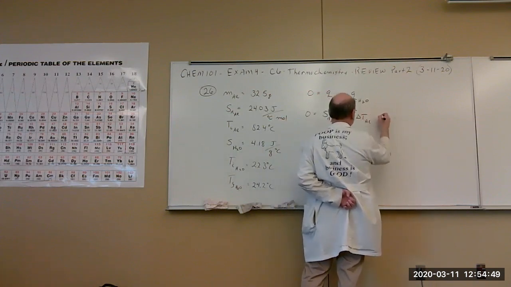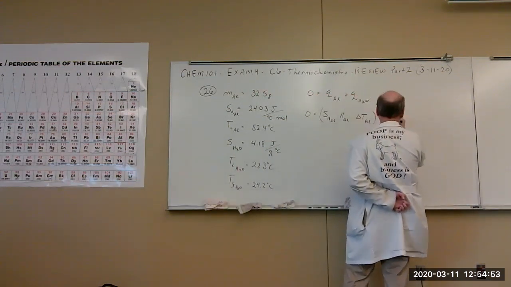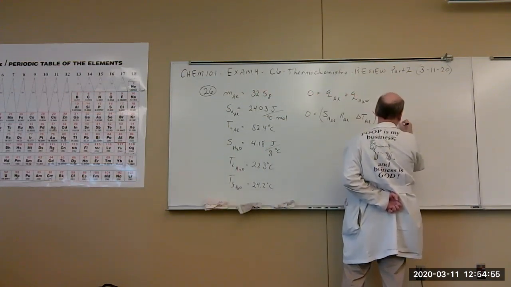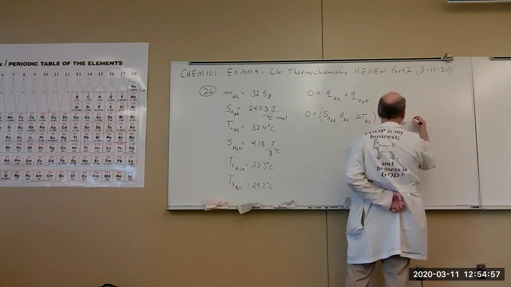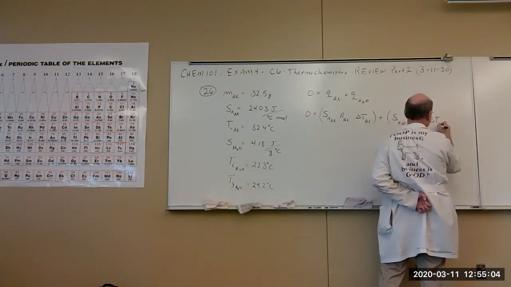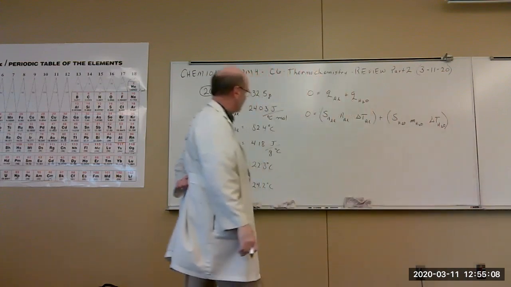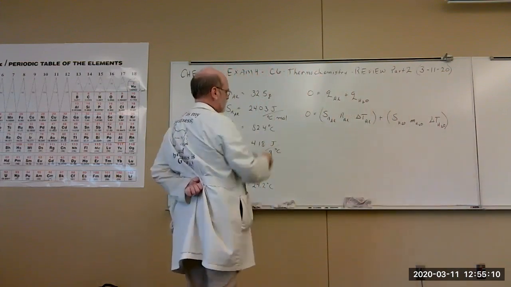And then we add to that what happens to the water: the specific heat for water times the mass of water times the delta T for the water. There are two Qs.